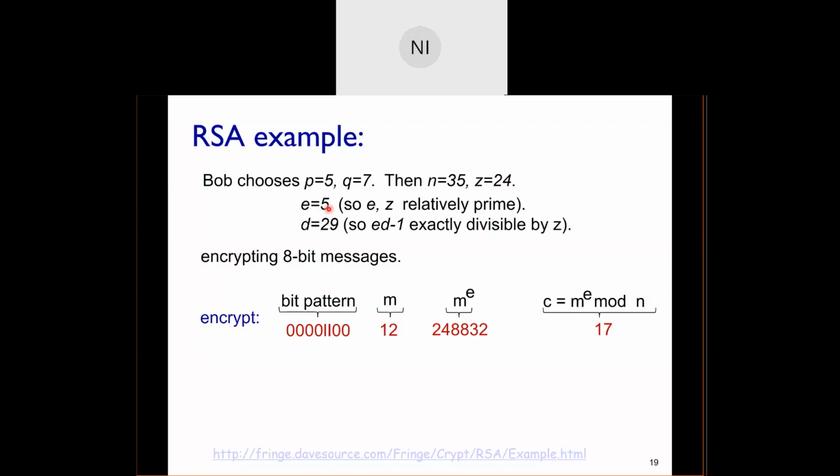So 5 can be designated as E. That means now you have your public key, that is 35 comma 5. Now you have to find D such that ED minus 1 is exactly divisible by G. In this case, 29 qualifies as D, because 29 into 5 is 145, minus 1 is 144. That is exactly divisible by 24.